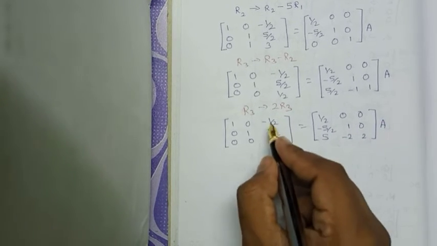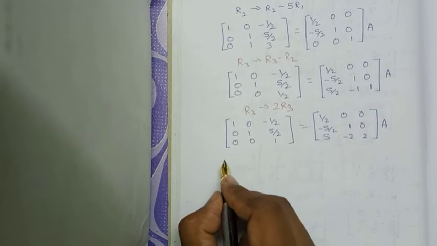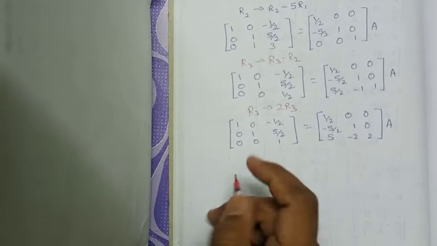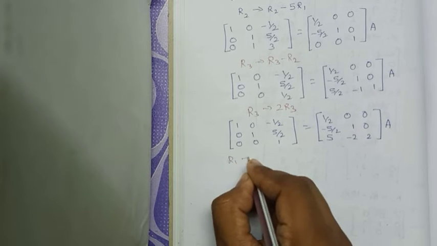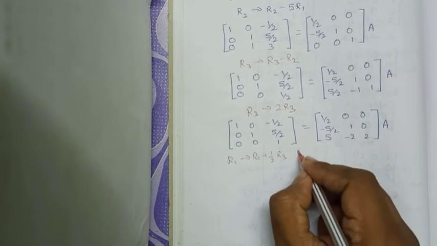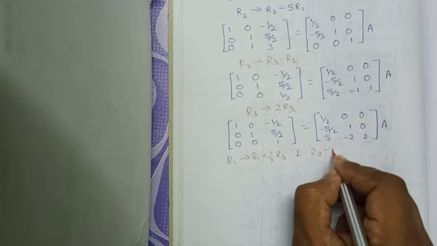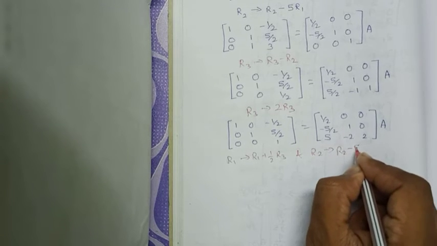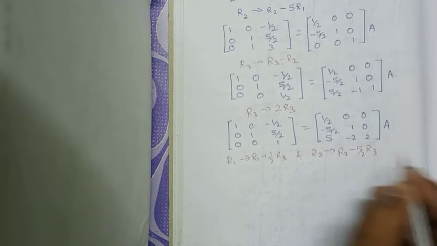Now we convert the remaining entries to 0, applying R1 implies R1 plus 1 by 2 R3, and R2 implies R2 minus 5 by 2 R3.